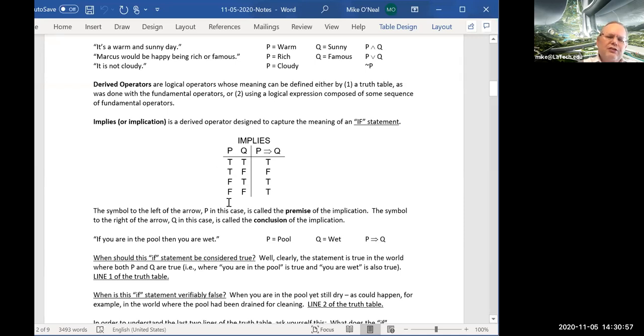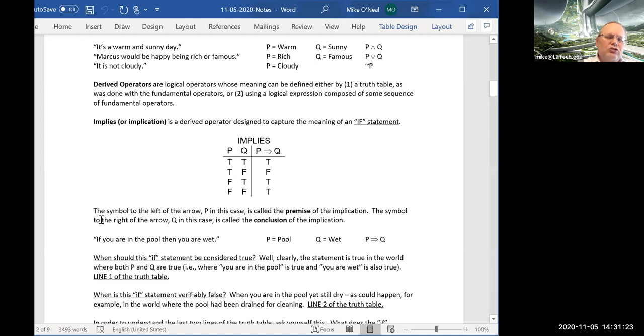Do these rules in this table really capture the English meaning of an if statement or implication? So let's think about that. This is important, so we need to think through this one. Again, you've learned about and, or, and not in digital logic. You may not have done implies, so this starts to get to the newer stuff.